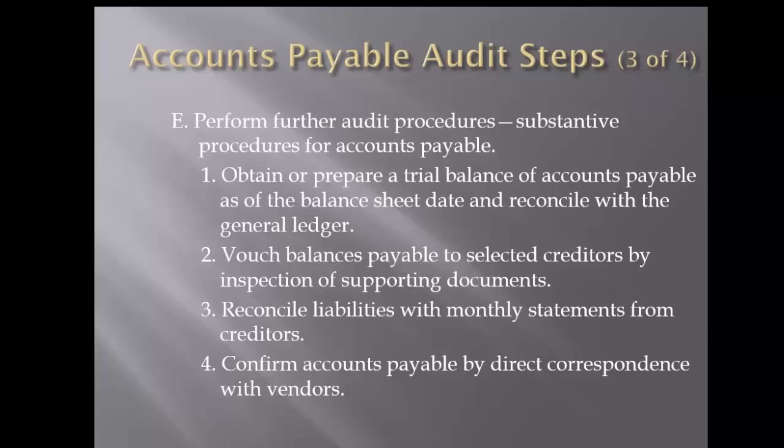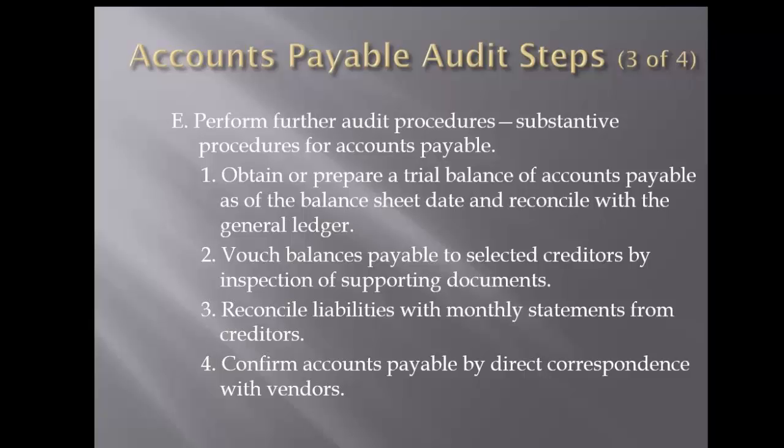Perform further audit procedures from a substantive perspective: we obtain or prepare a trial balance of accounts payable as of the balance sheet date and reconcile it with the general ledger. Vouch balances payable to selected creditors by inspecting supporting documents. Reconcile liabilities with monthly statements.